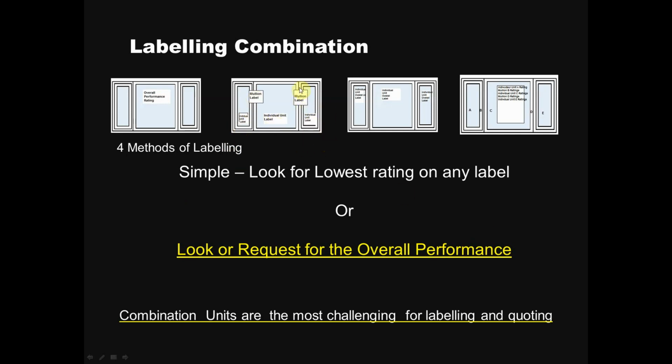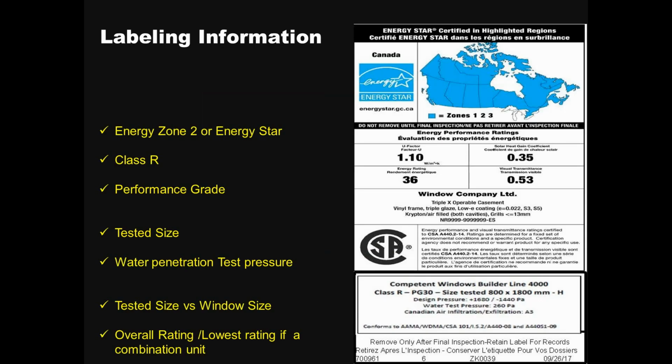But you got to look for the lowest number or the overall performance. That's pretty simple. So as you can see, in this example here, they've got the overalls on all of them. But again, you either want to look for the overall performance or you want to look for the lowest rating of the labels on that window.